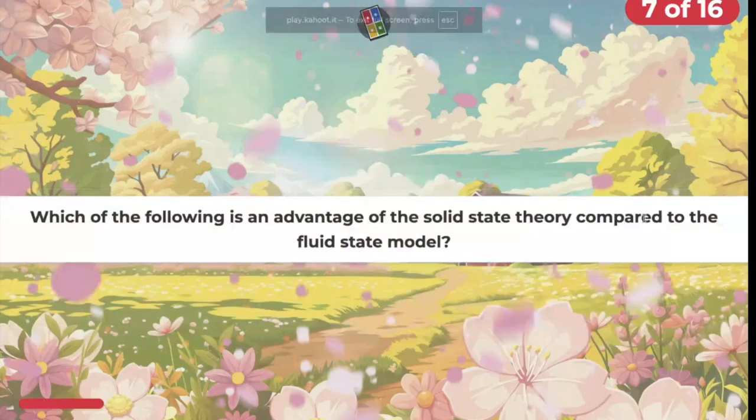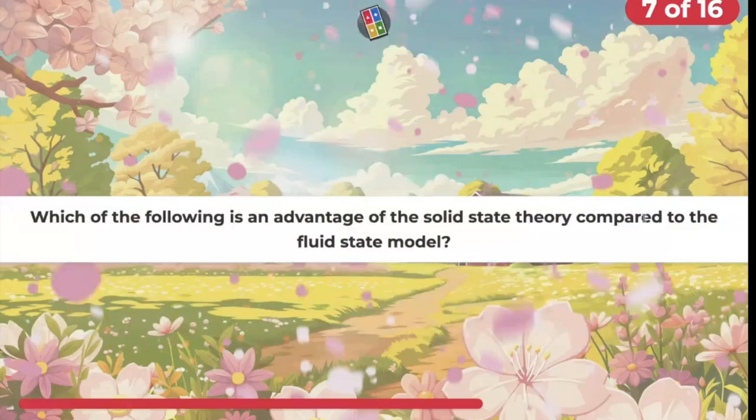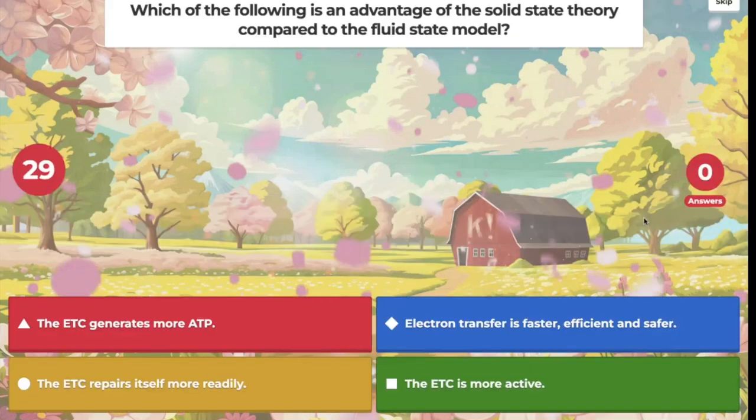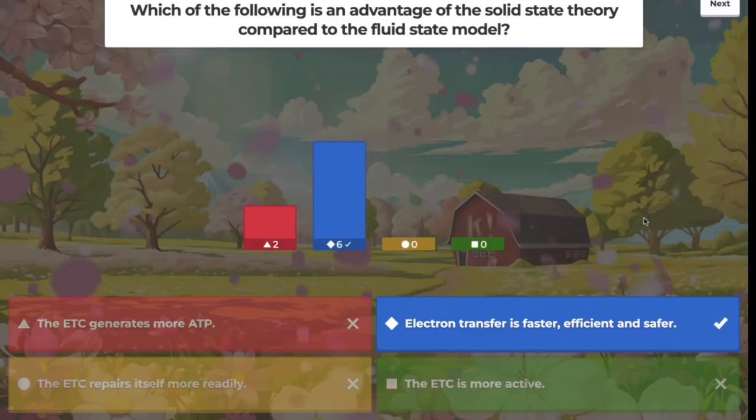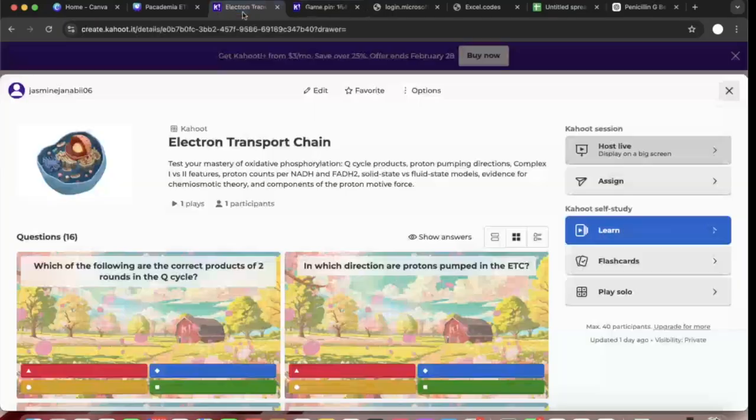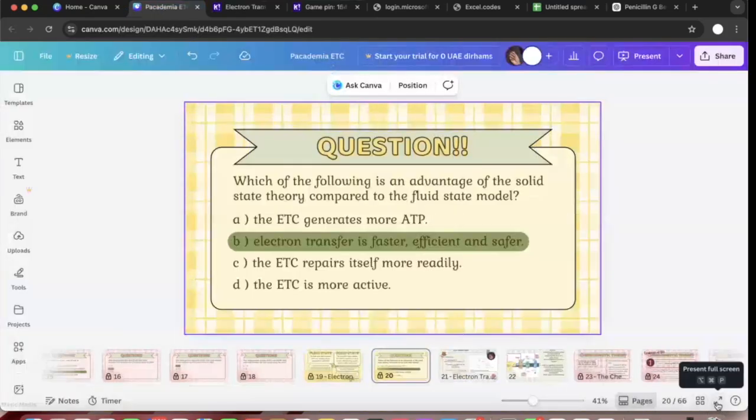Next. Okay, next section. My partner will be explaining now.